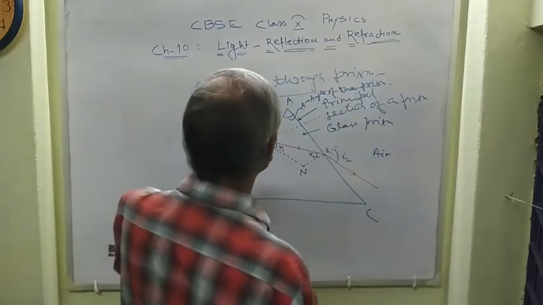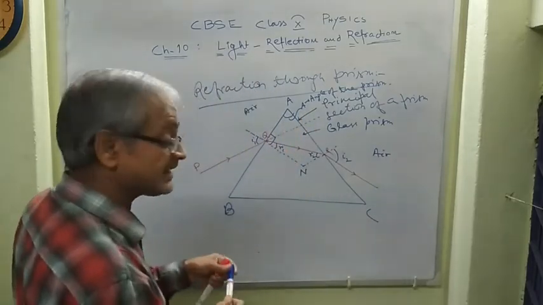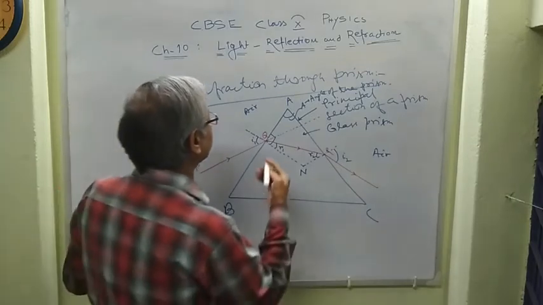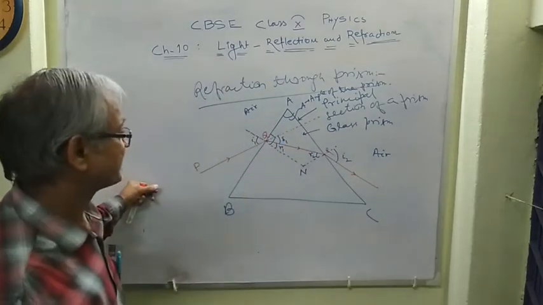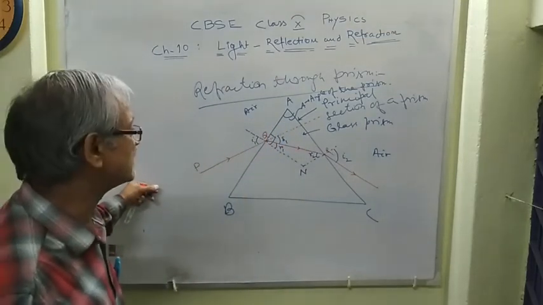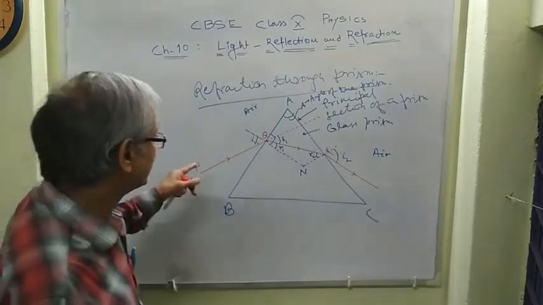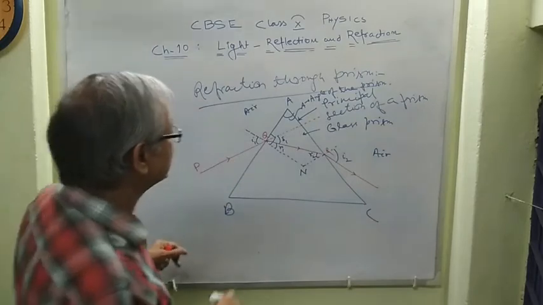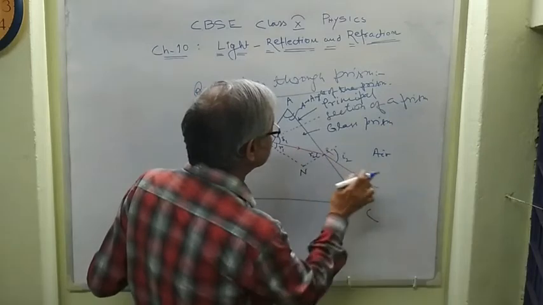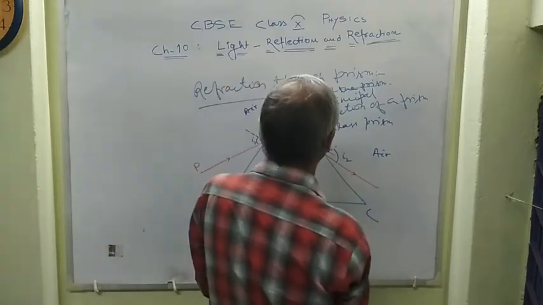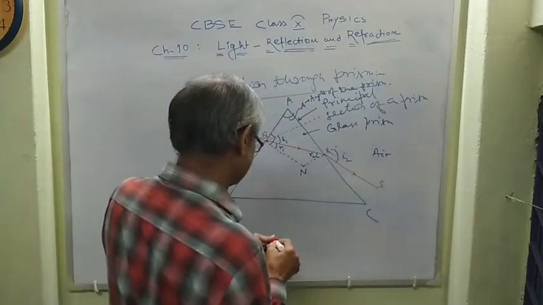Now, in this case, the original direction of the incident ray and the direction of the refracted ray make an angle delta 1, which is the deviation produced due to refraction at Q. Here also refraction occurs, that is QR to the emergent ray RS.